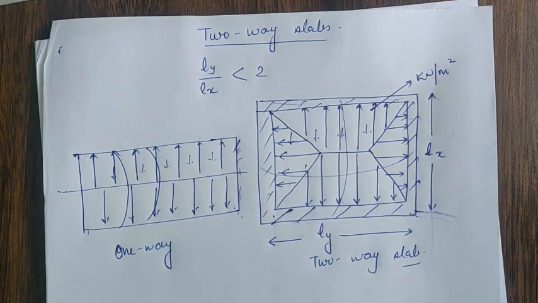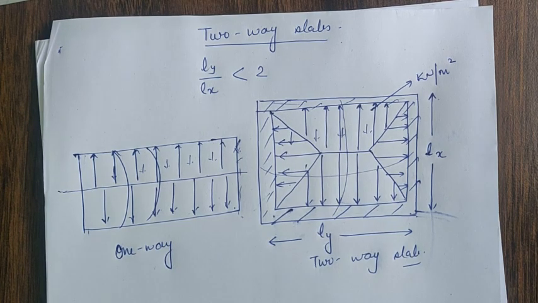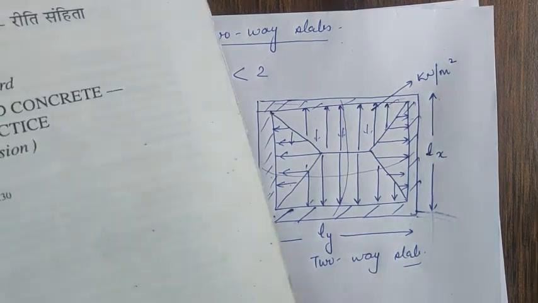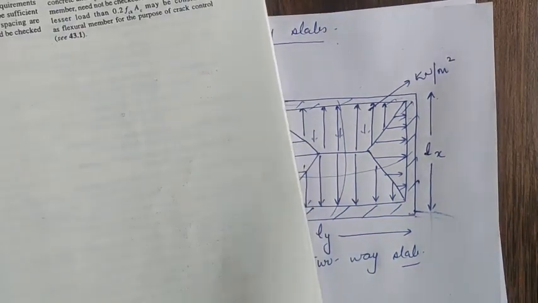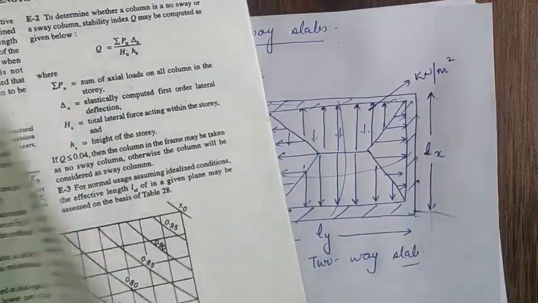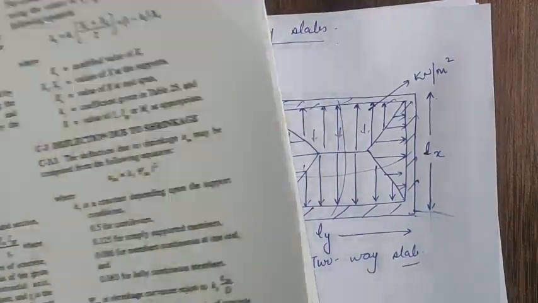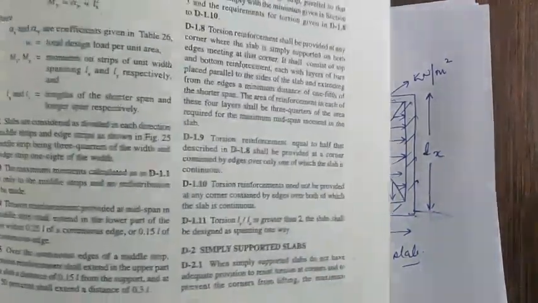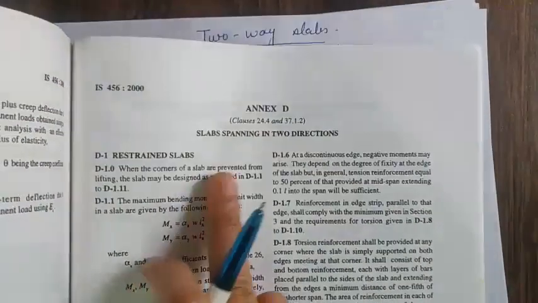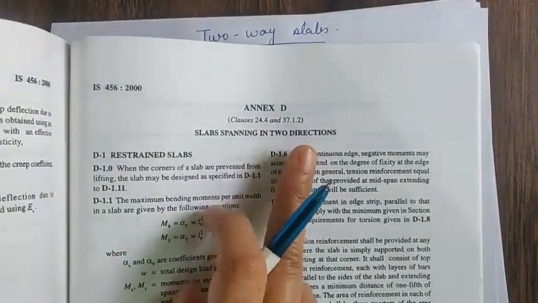The design of two-way slab is done by using the codal provisions given in annexure D. What does this annexure say?